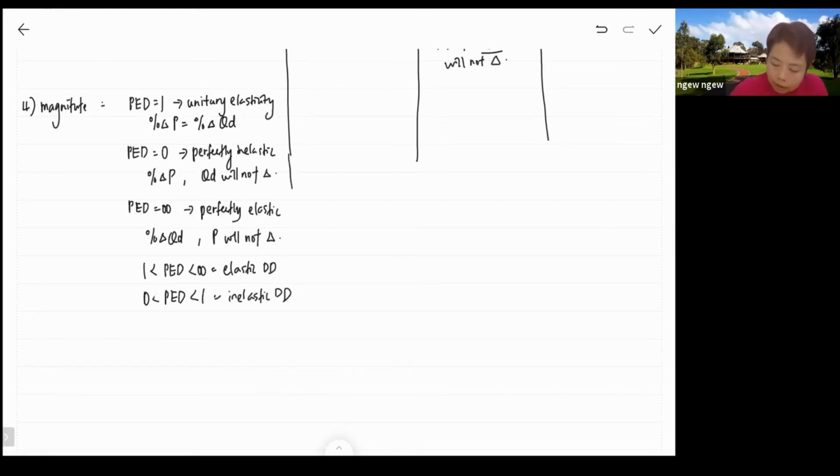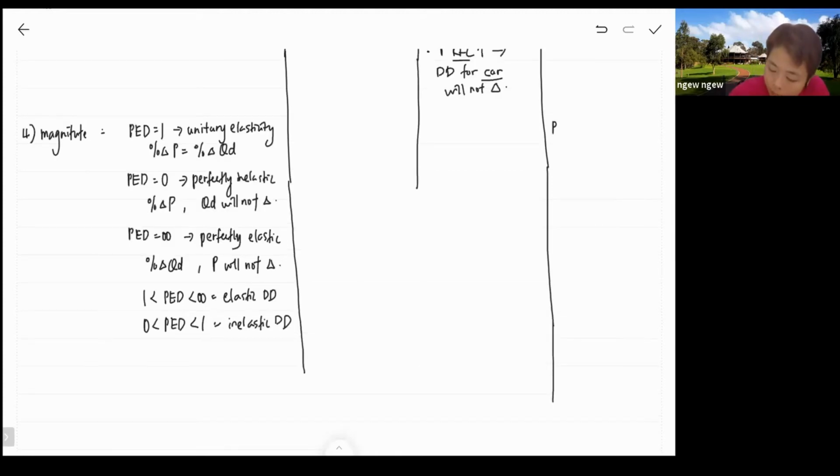And guys, the same thing applies to PES, yeah? So this time round, I will continue with PES first. Okay, when PES equals 1, then we call it unitary elasticity of supply.